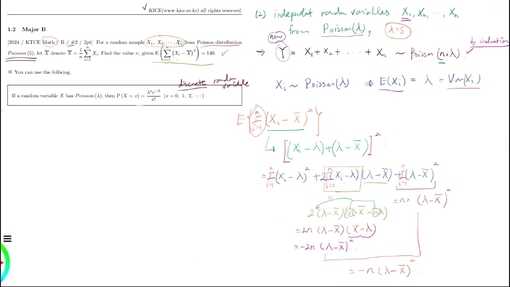Okay. Let me arrange this term as, so what I have is the expectation value of the sum of each deviation from the lambda, which is a population mean, minus n times the expectation value of the square of the difference between lambda and x bar.